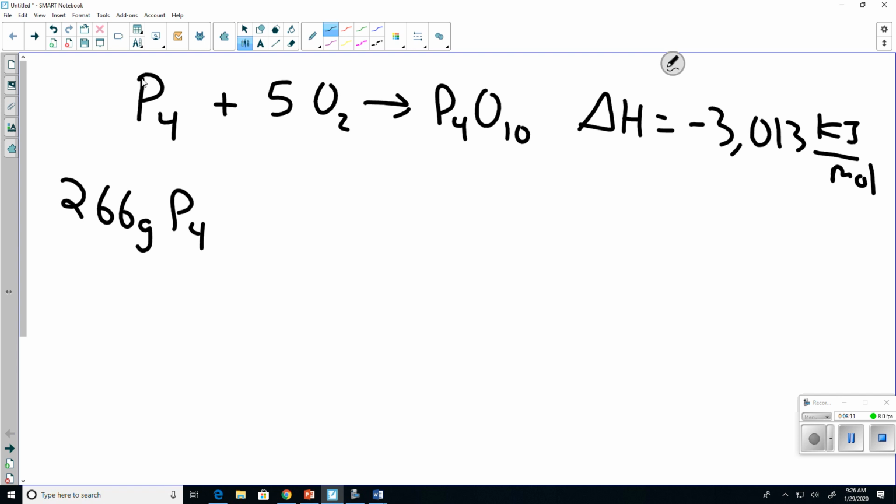First thing you have to do when you're given grams of anything in this class all year long is convert to moles. When in doubt, figure out your moles. Now this is for P4. So I took the mass of P, times it by 4 to get 123.88 grams.